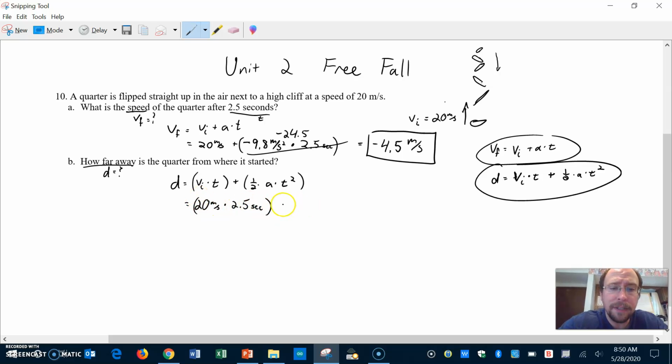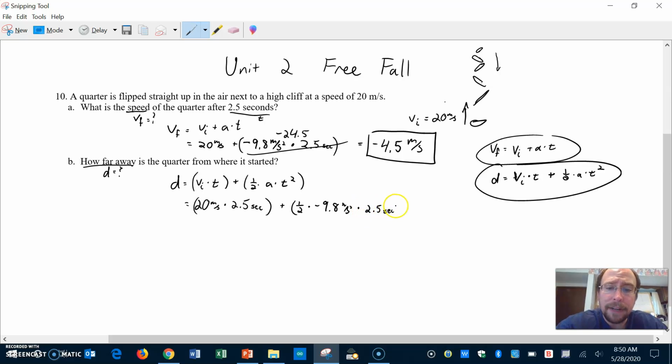That's our first part. Plus 1/2 times the acceleration. The acceleration is still the same. It's from gravity. It's pulling down at negative 9.8 meters per second squared times the time. And it's still 2.5 seconds.